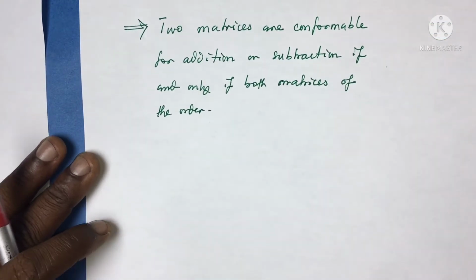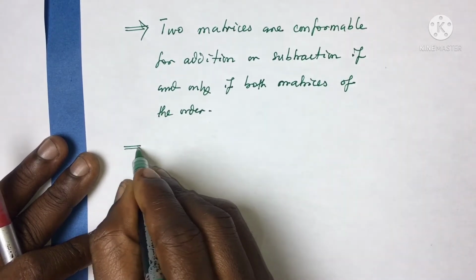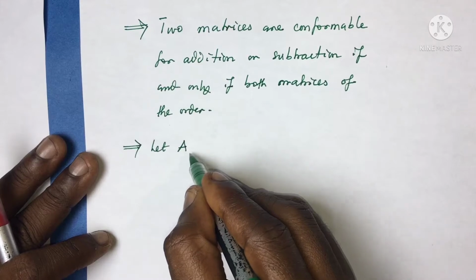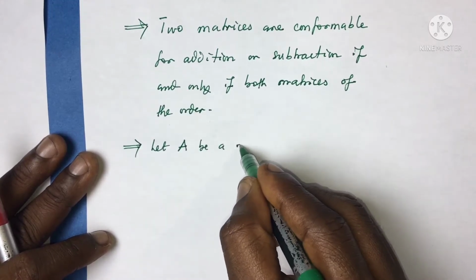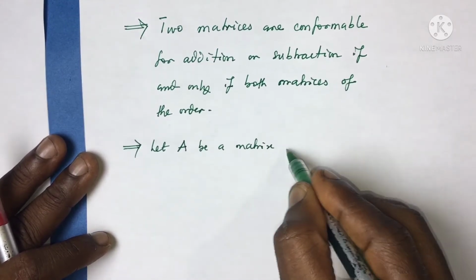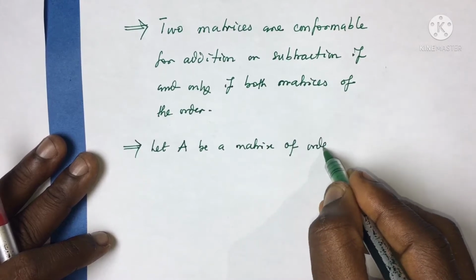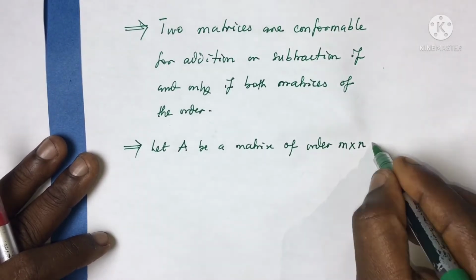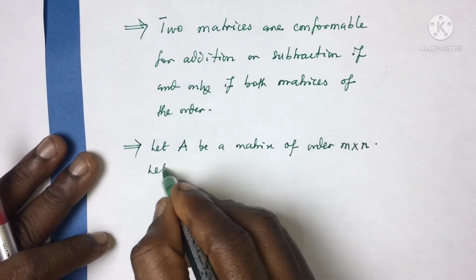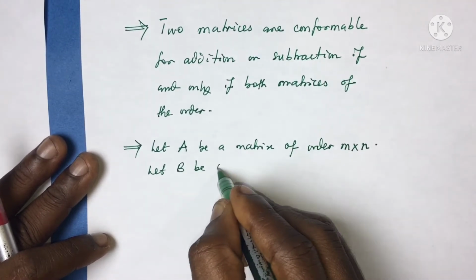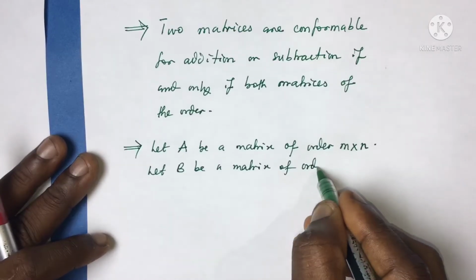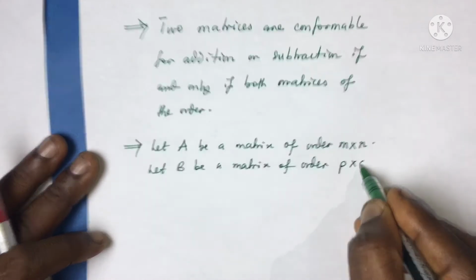So let us consider an illustration. Let A be a matrix of order m by n. Let B be a matrix of order p by q.